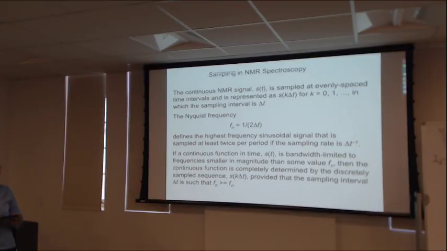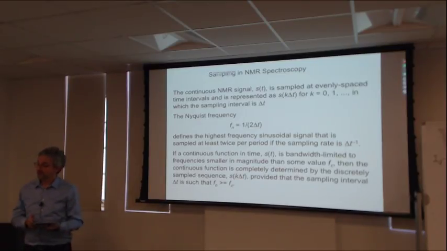There's a theorem that says our spectrum will then be properly sampled from minus the Nyquist frequency to plus the Nyquist frequency. So what you think of as the spectral width goes from minus 1 over 2 delta t to plus 1 over 2 delta t, or the spectral width is 1 over delta t.